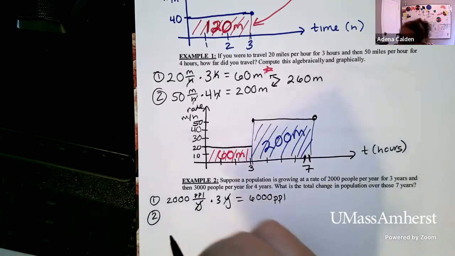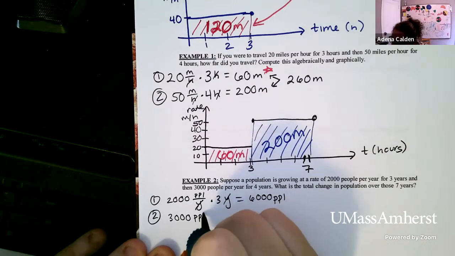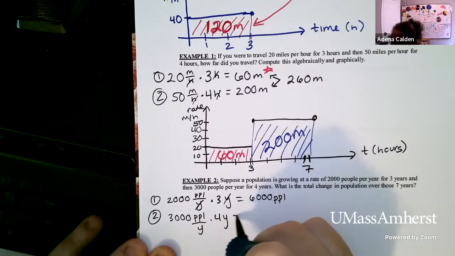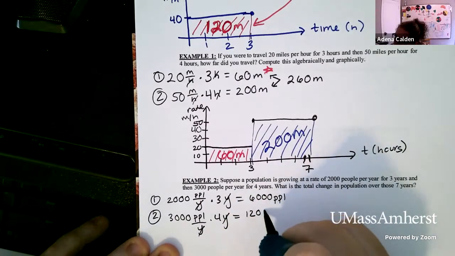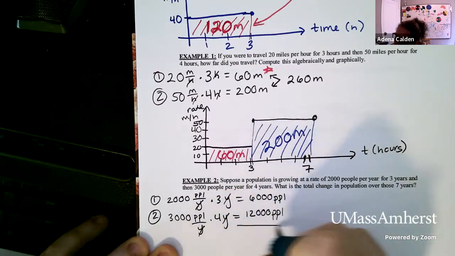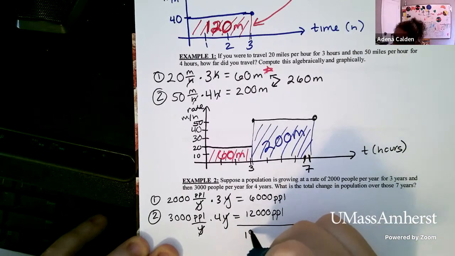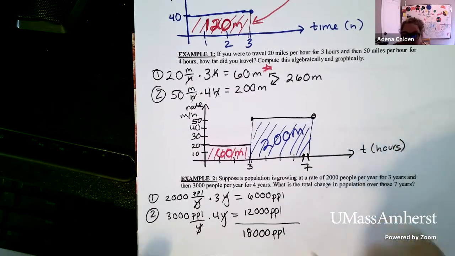And then we're growing at a rate of 3,000 people per year. And we do that for 4 years. So again, the years are going to cancel, and we get 12,000 people. So we add those two numbers together to get the total change in population, and we get 18,000 people.